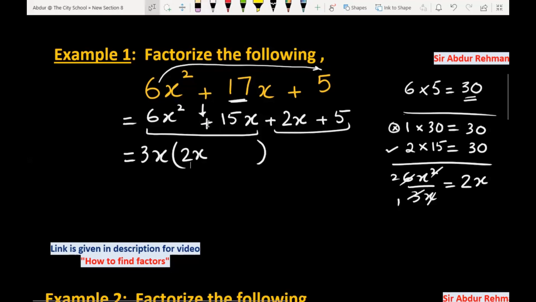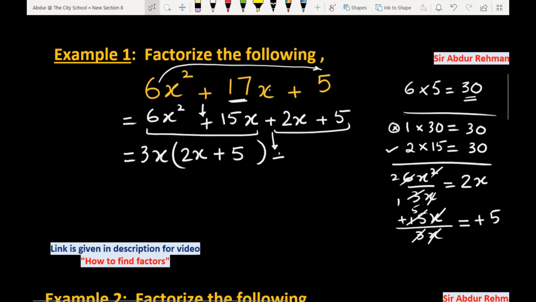Now the next term is positive 15x. So I'm going to divide positive 15x by 3x. The x cancels, 3 times 5 is 15, so we get positive 5. I'm going to write positive 5 here. In the next group, you have to copy this sign here.